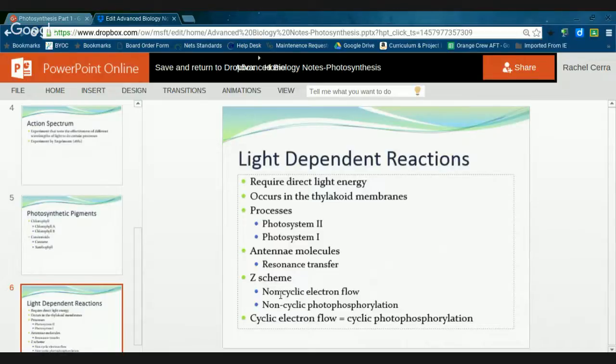As they're falling back down to a lower energy level, we're going to be able to make ATP there as well. And again, that ATP is going to be used in the Calvin cycle also. That is basically the first two steps of photosynthesis, photosystem 2 and photosystem 1.